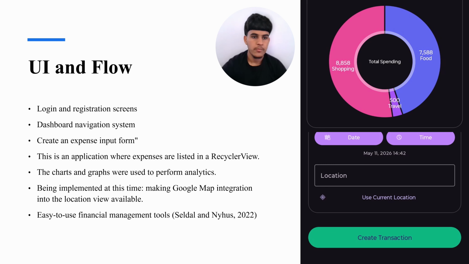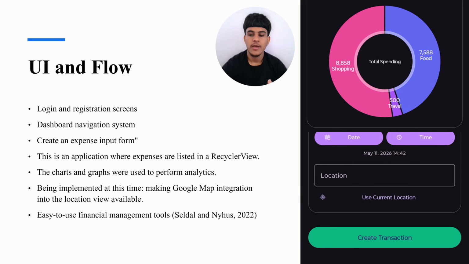Now we move to the seventh slide, which is the UI and flow. In this slide, the application starts with the login screen and registration screen. Once the user logs in, he or she arrives at the dashboard, where the user can enter expenses with an easy-to-use form, and all the costs are listed in a tabular format.